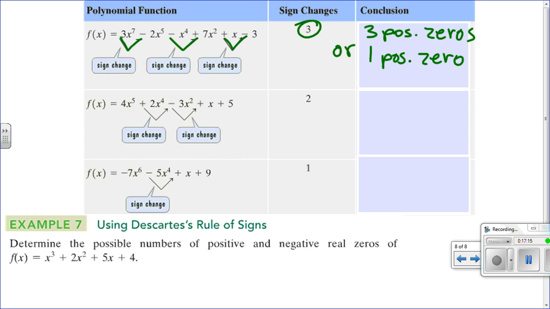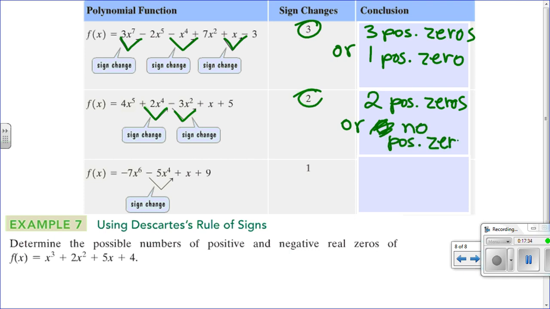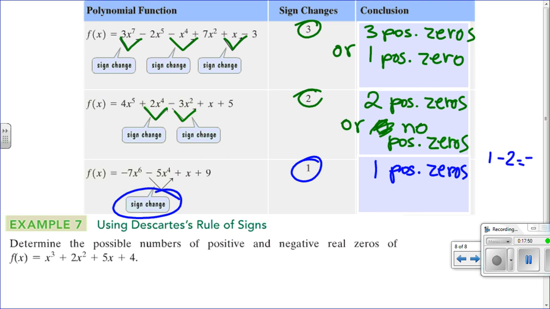The one here, we counted 2 sign changes, so we could have 2 positive zeros, or 0, which means no positive zeros. Same thing here, we have 1 sign change, so 1 positive zero. And we cannot subtract that 2, because if we have 1 minus 2, we will get negative 1, and we cannot have a negative possibility.